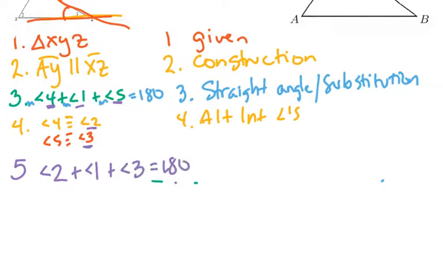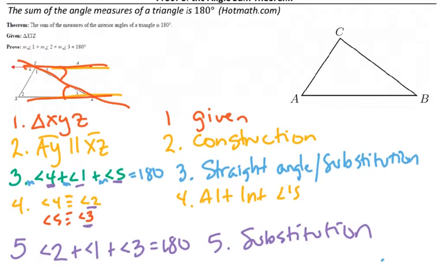So what did I just do? I just used what property? Substitution. And so I use the substitution property to say that the sum of those three angles is equal to 180, and we've proven that triangle.